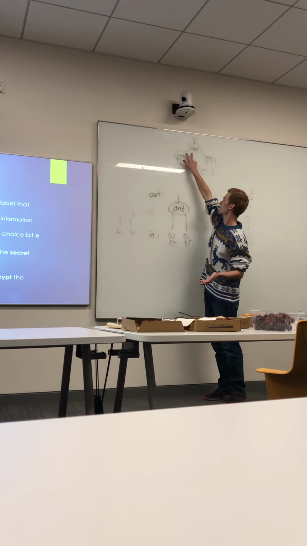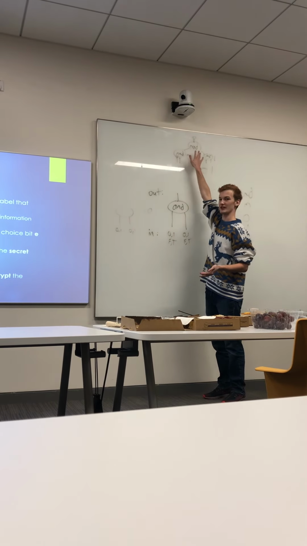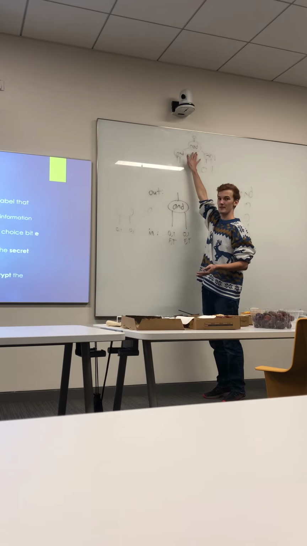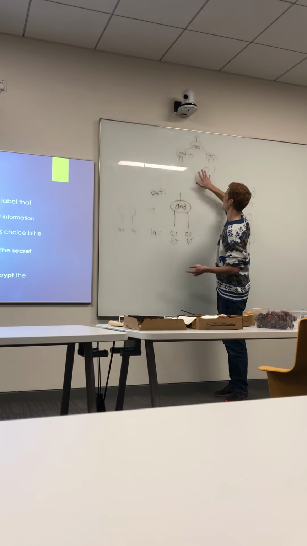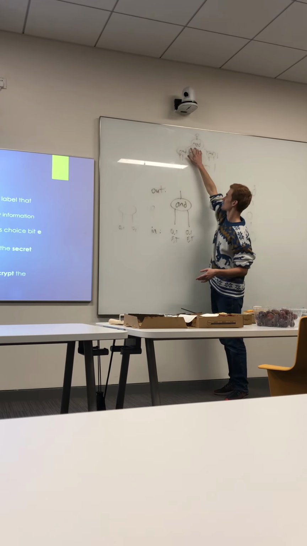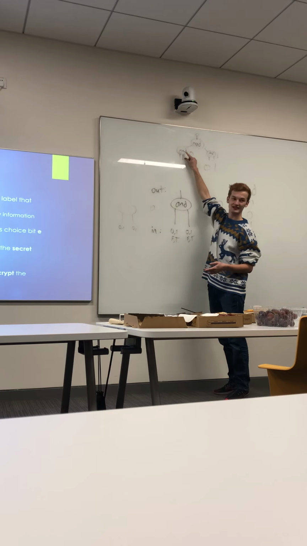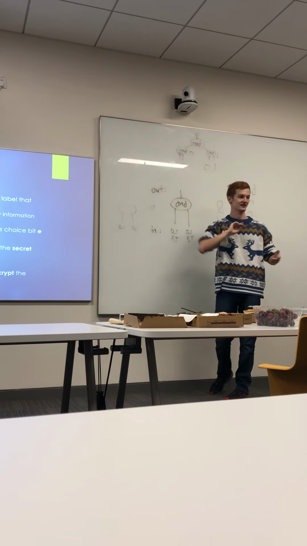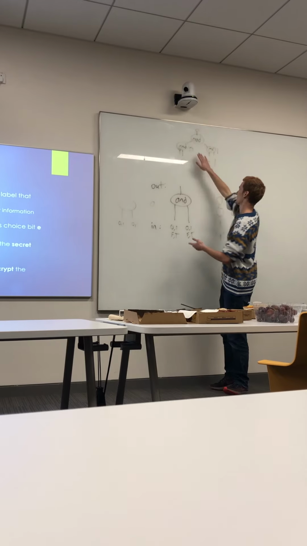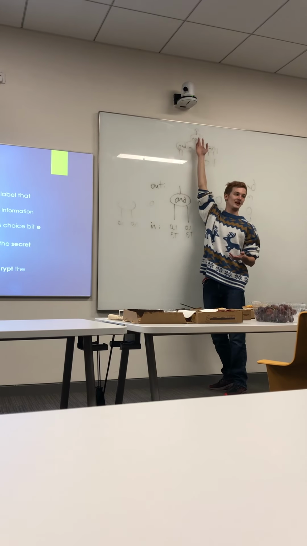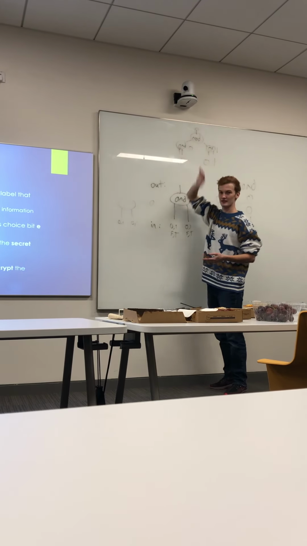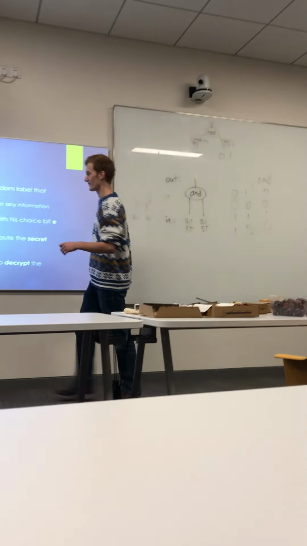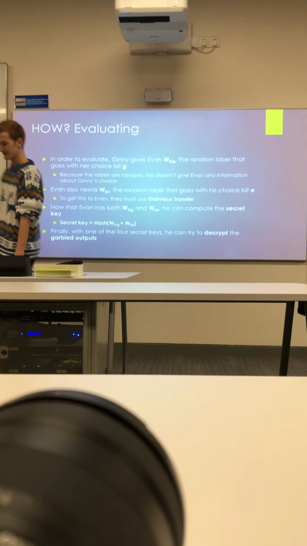And you just use those labels when you're trying to garble this one. So you can start from the bottom, and when he gets the decryption of this gate, he'll get just a random label, which he can then use to decrypt this top gate. So a good question.